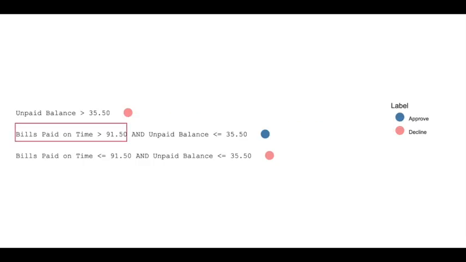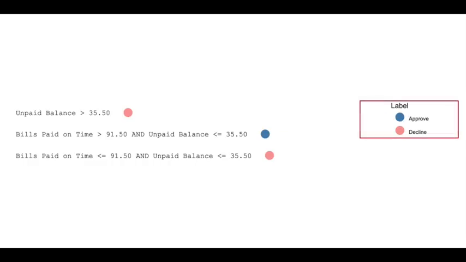Otherwise, if an application has a value of bills paid on time larger than 91.5 and an unpaid balance value lower or equal to 35.5, then the assigned label is accept. As demonstrated, the color of each circle represents different labels.